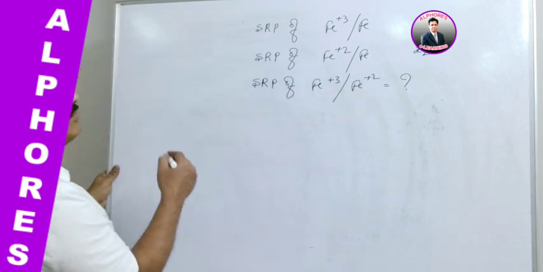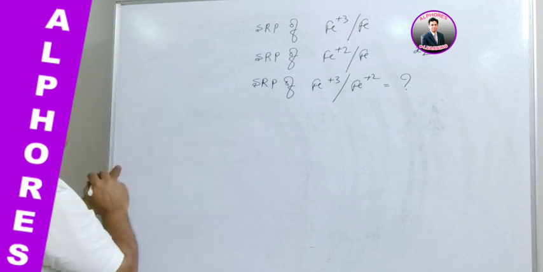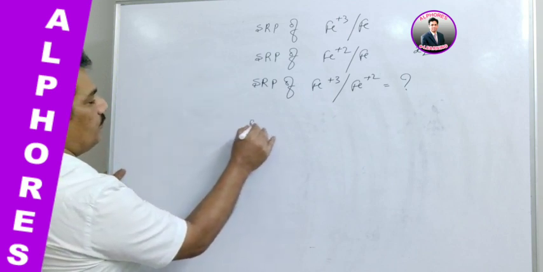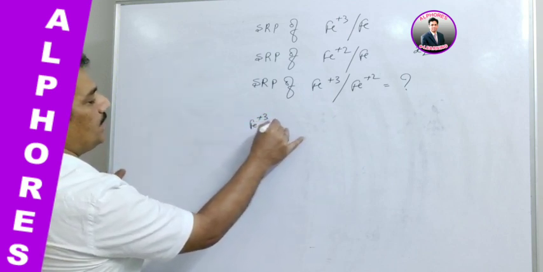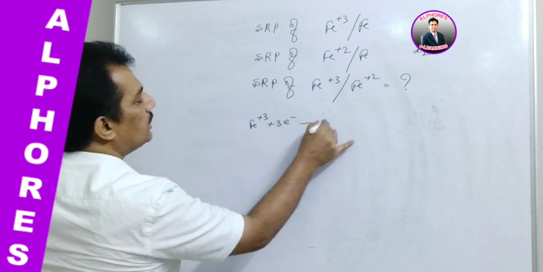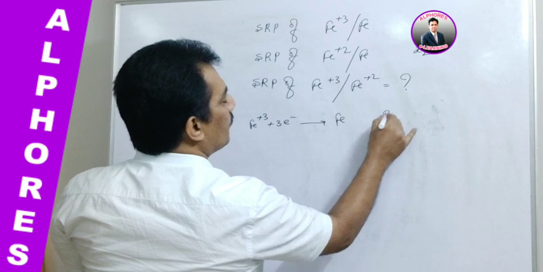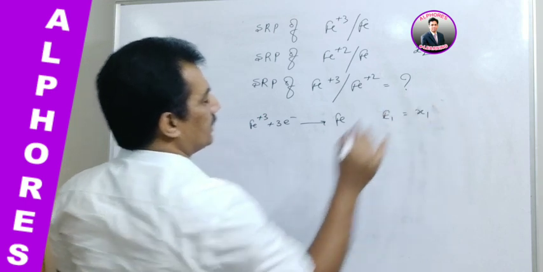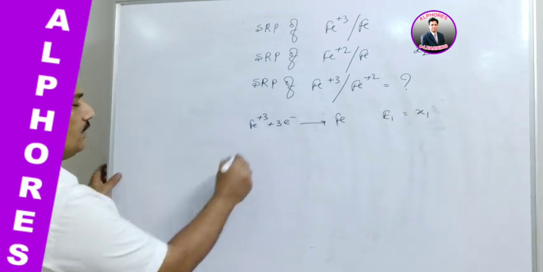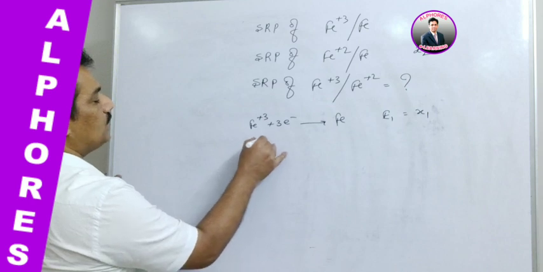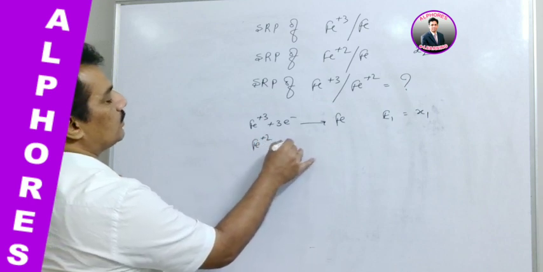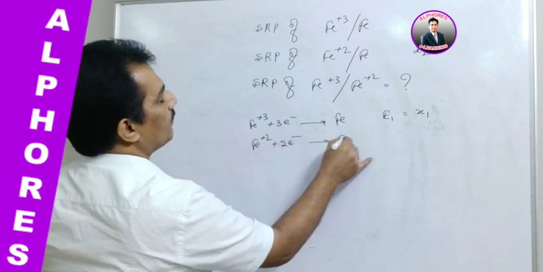First let us write the equation for the first electrode. Fe plus 3, by taking 3 electrons, is reduced to Fe. Here E1 is x1. And next, Fe plus 2 plus 2 electrons is reduced to Fe.